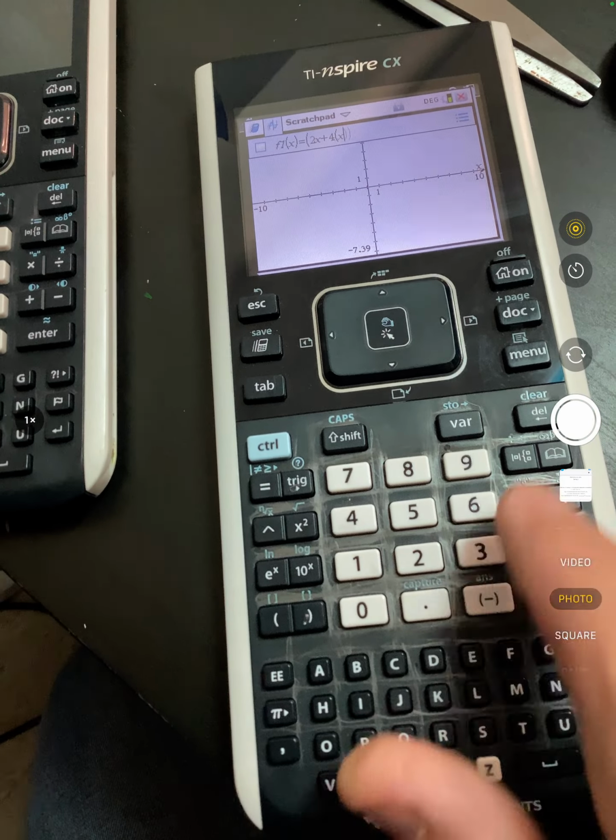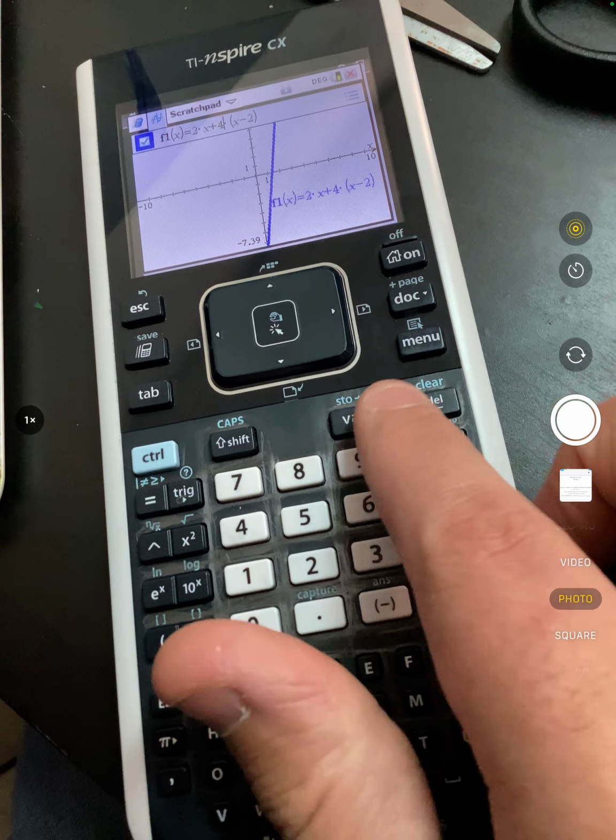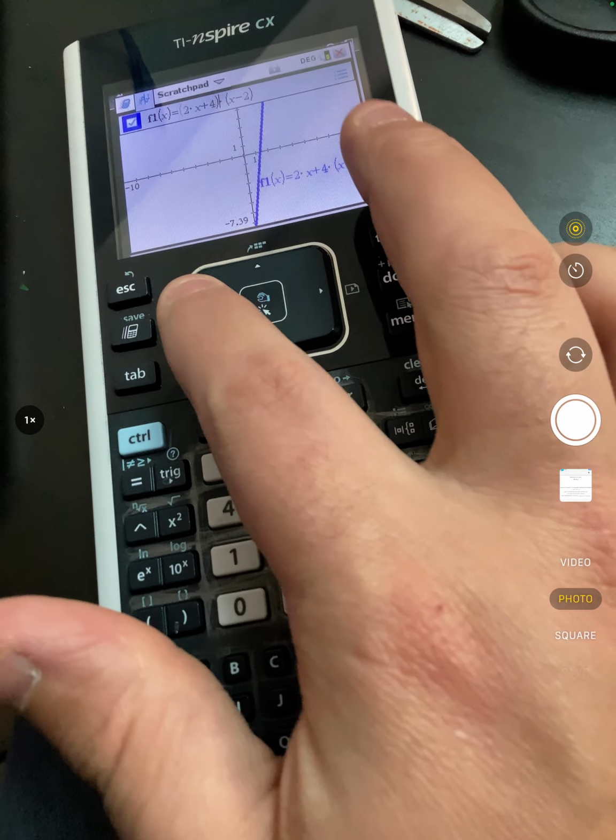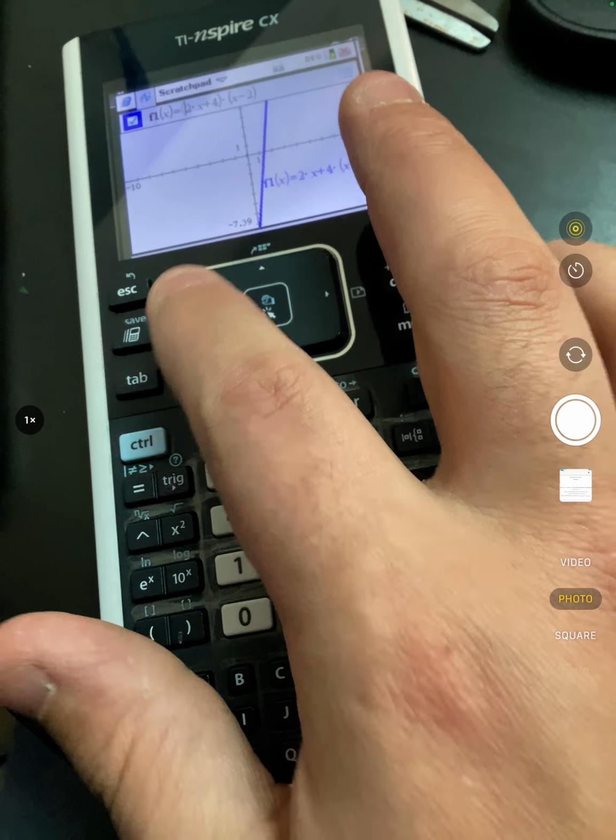Let me fix that real quick, and we graph it. I did something wrong. I forgot the parentheses here. I apologize. I thought I had them on there. My bad. Easy fix.